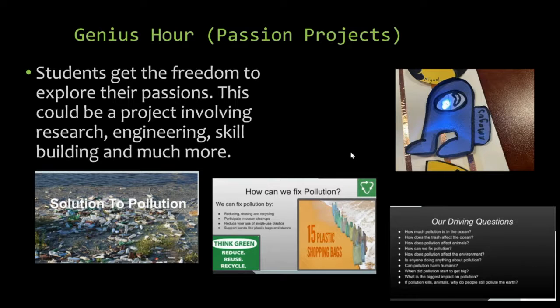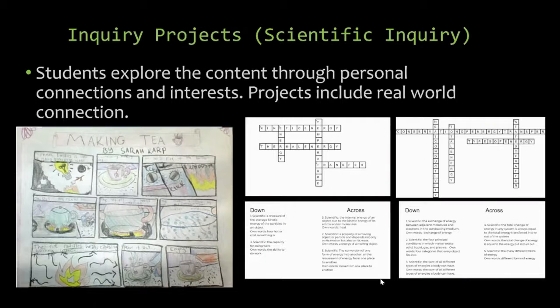They created recycling bins for our classrooms and our zones. Over here, they start with the questions, as you can see, our driving questions. Every inquiry is a research project. So they come up with these questions, they come up with solutions, and then they actually built this project. They built the recycle bins out of recycled material and then put them up around the zones, which was so cool.